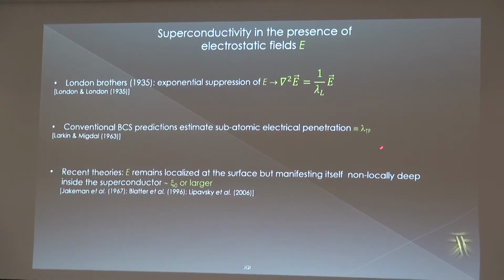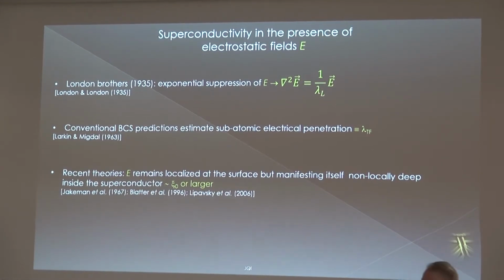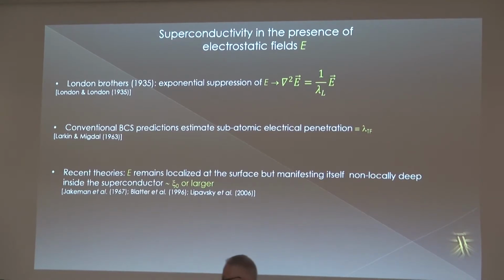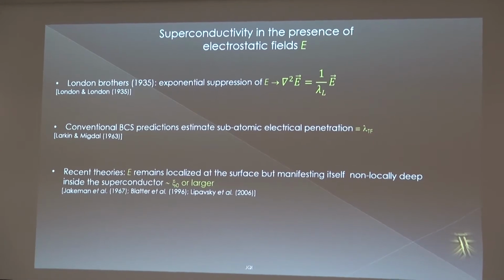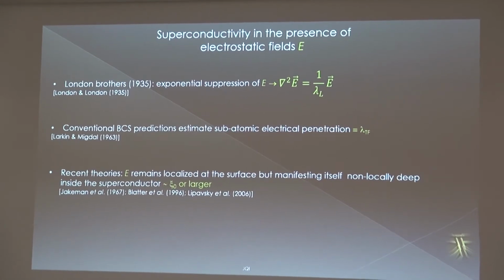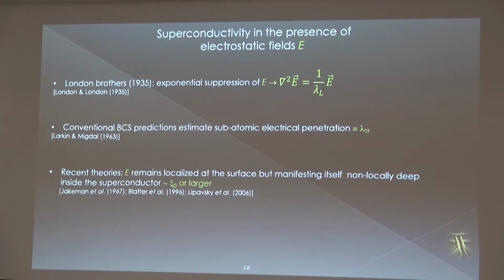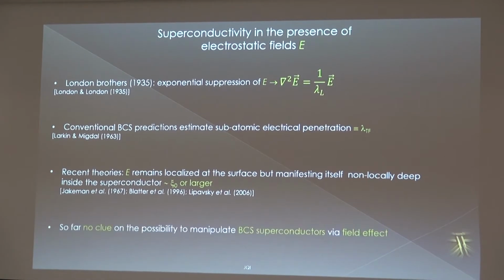I mean, it penetrates according to the screening length, but manifests itself non-locally deep inside the superconductor. And this makes sense because the superconducting BCS state is something fully correlated. So in some sense, it makes sense that if we touch the skin of a superconductor, then it propagates deeply inside, okay? So the propagation is expected to be of the order of xi or a few xi or larger, okay?